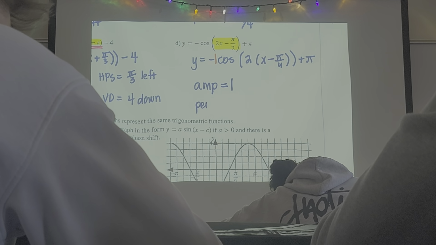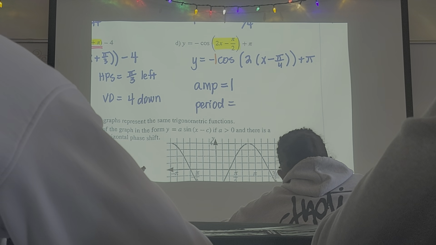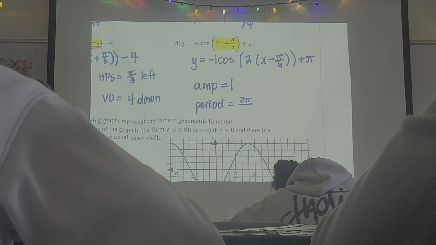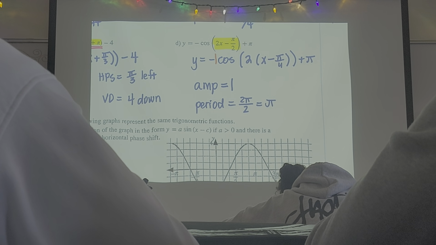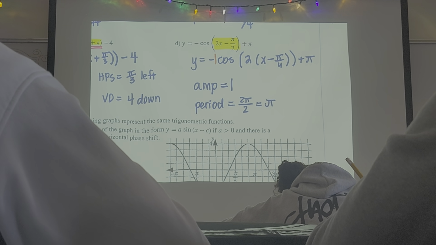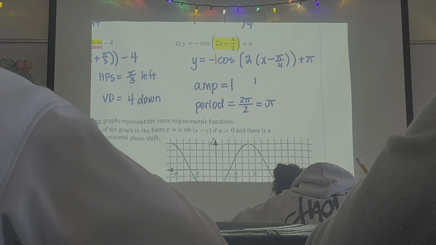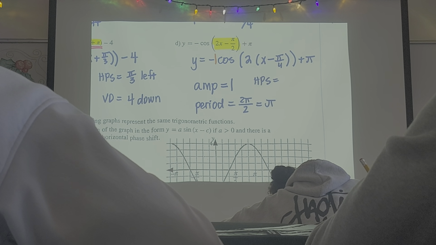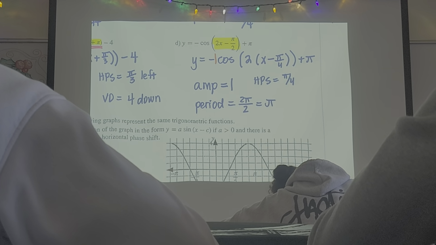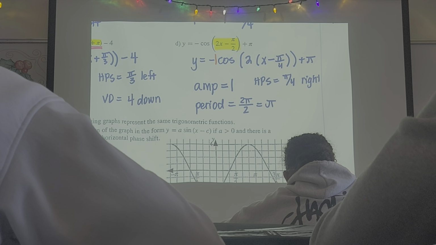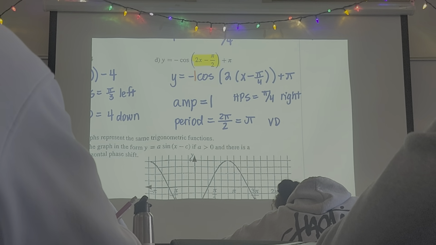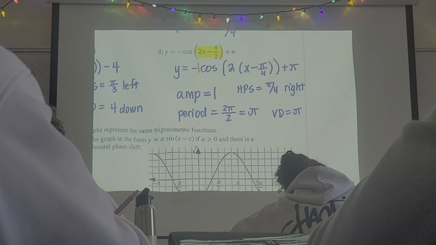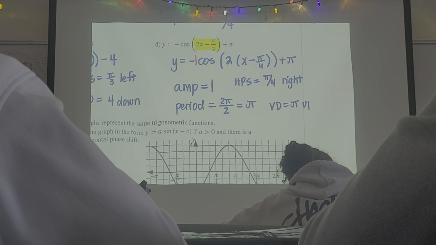Period is 2 pi over 2, which is just pi. Phase shift, pi over 4. And displacement, pi.